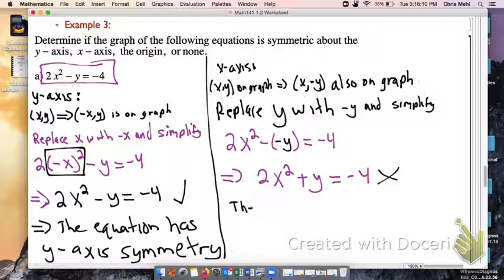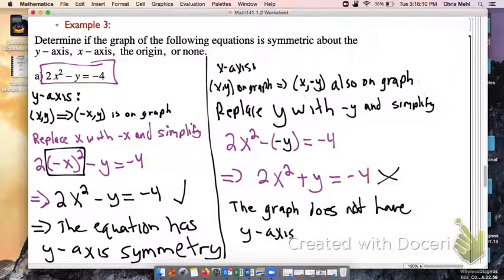So the graph does not have x-axis symmetry. Sorry, I said y-axis at first, but that should be x-axis symmetry.